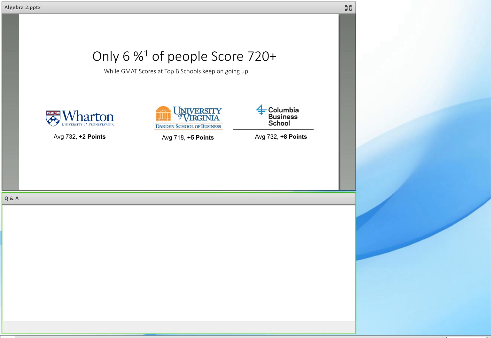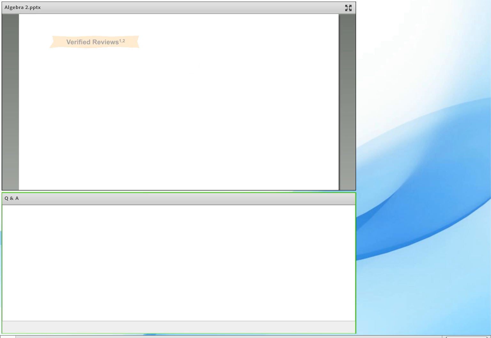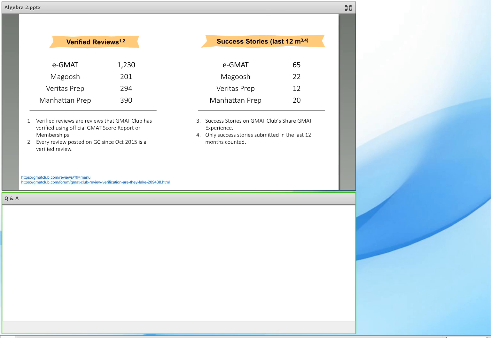So what is it that a good number of people who actually get to those scores of 720 or higher do? A good number of them use e-GMAT. Why do I say that? If you look at the key metrics on top forums, whether it's the number of verified reviews or the number of success stories that have been posted over the last 12 months, you're going to reach a very similar conclusion. e-GMAT accounts for more verified reviews than all the other major prep companies.